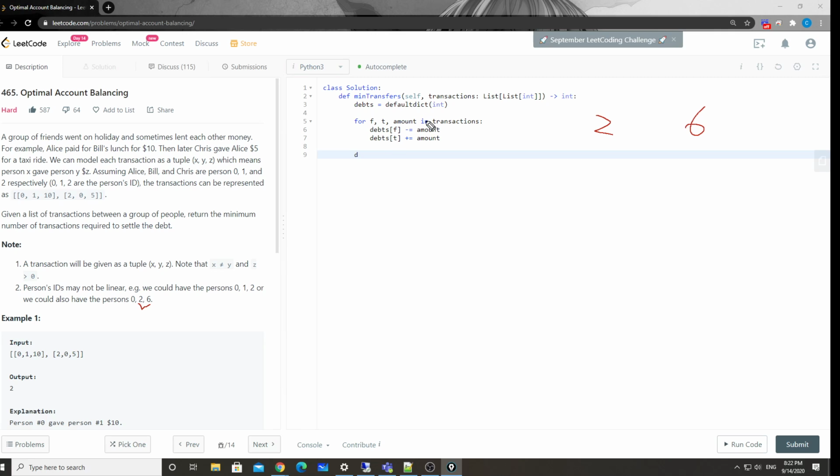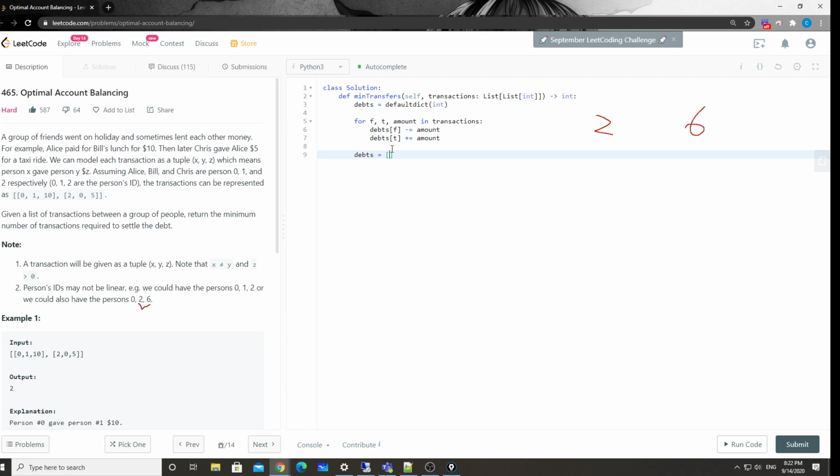yeah, we can sort the map and then find the next one, or we can just convert this map into a list. So I'm gonna convert that to a list here. After converting to the list, the index will be the ID of this person.